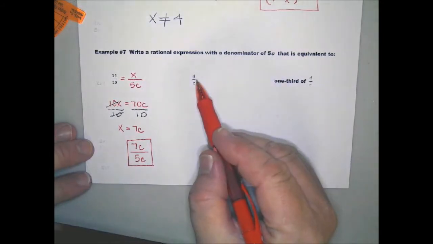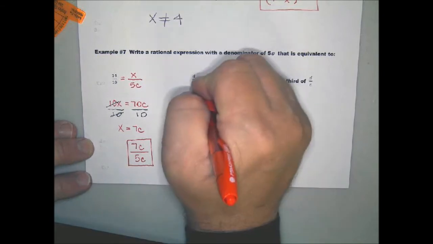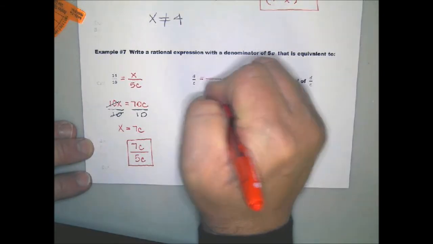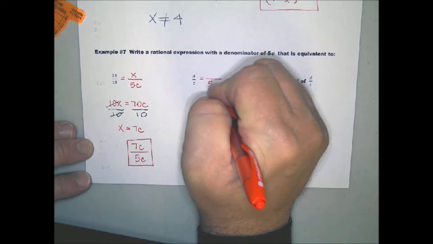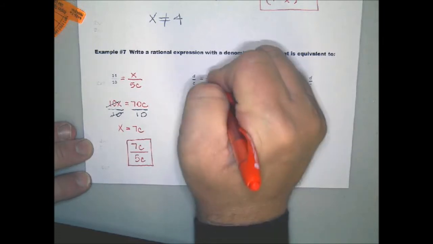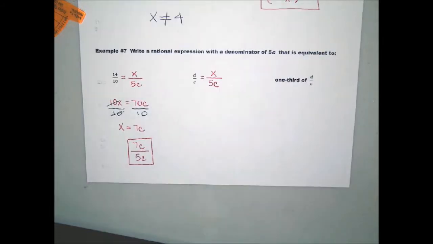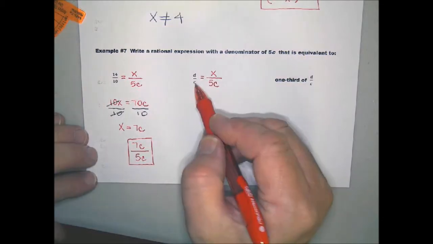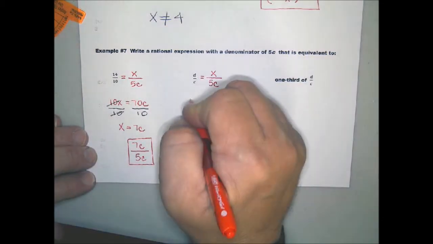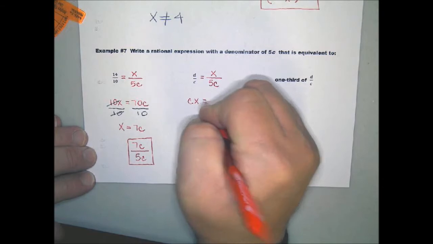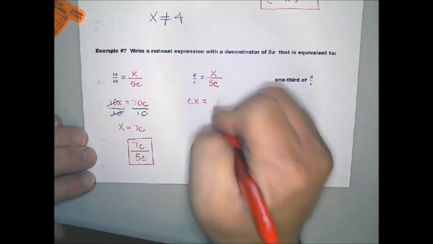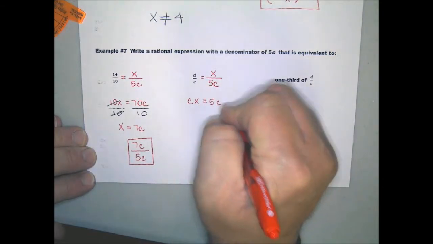Now let's move on to this one. If they gave us d over c and they wanted us to rewrite it as a new fraction with 5c as the denominator, that's the way we set it up. Now cross multiply again. C times x is cx equals 5cd.